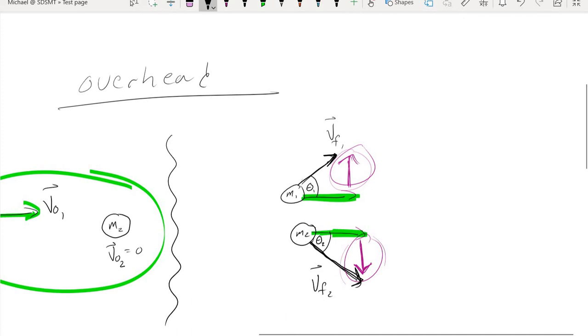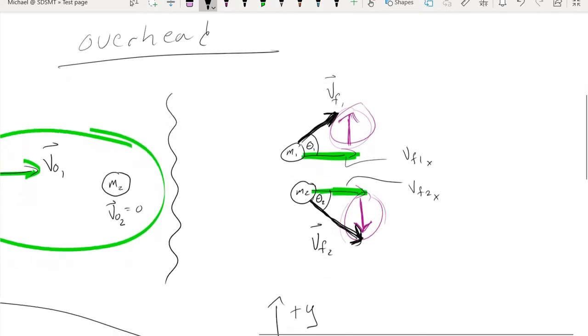So these final velocity vectors, v final 1, v final 2, are making some angle with respect to the x direction, and that is what is going to allow me to find the components of those two.